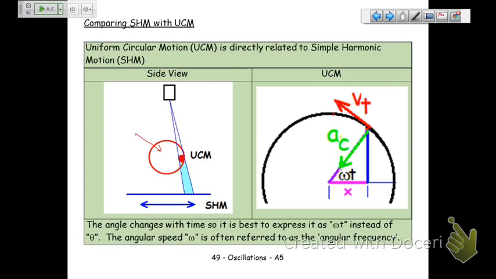So even though the mass on a spring is not going in a circle, it's a linear motion, I can model it. I can describe it by taking, in this case, the x component of circular motion, because they always line up. So I say uniform circular motion is directly related to simple harmonic motion, and we get used to UCM and SHM.